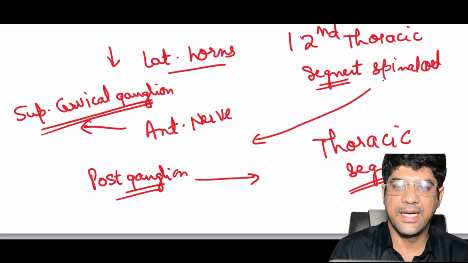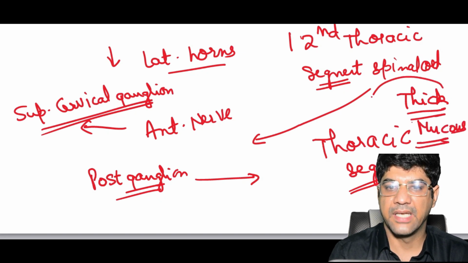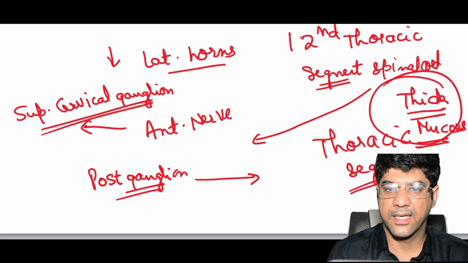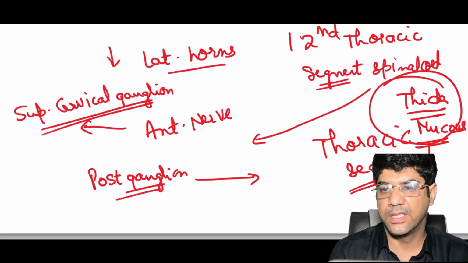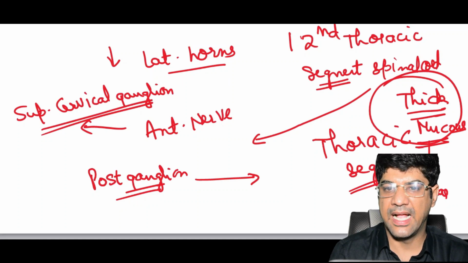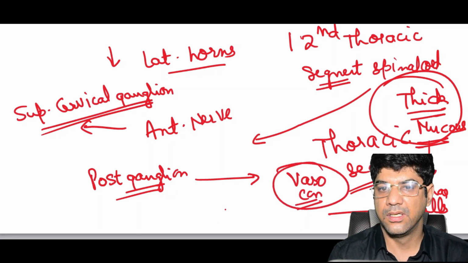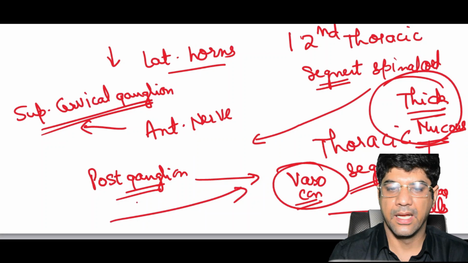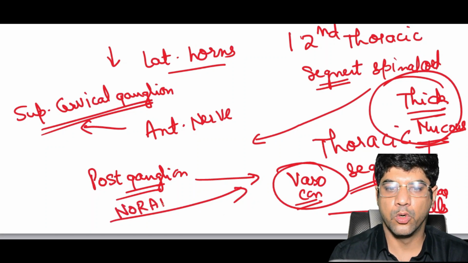Now the function of sympathetic fibers is to secrete thick, mucus-rich saliva. That occurs because sympathetic stimulation activates the acinar cells and causes vasoconstriction. And the neurotransmitter involved is, remember, noradrenaline.